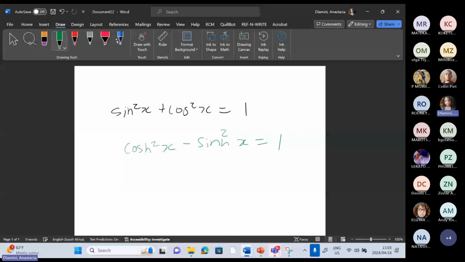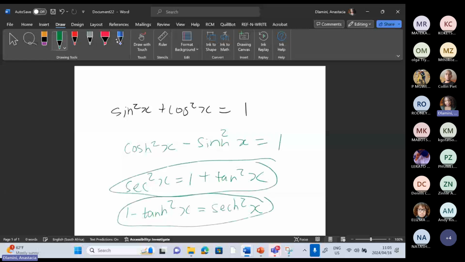And remember sec squared x equals 1 plus tan squared x; for hyperbolic functions, we have 1 minus the hyperbolic tan squared of x equals the hyperbolic sec squared of x. There are some similarities if you look at the two.